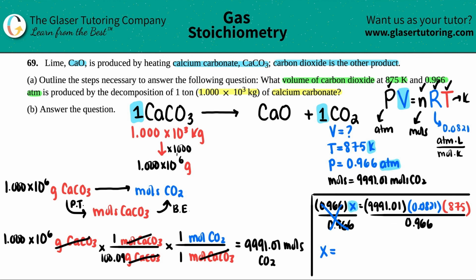So it's going to be in scientific notation 7.43 times 10 to the 1, 2, 3, 4, 5. And that's liters specifically of carbon dioxide. So liters of CO2. And there you go.